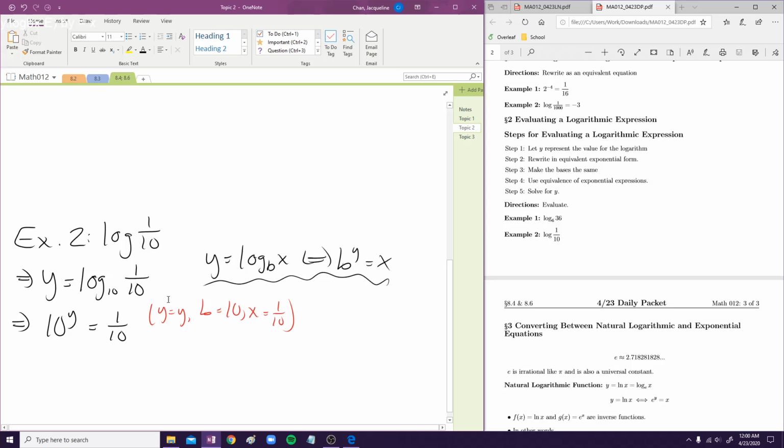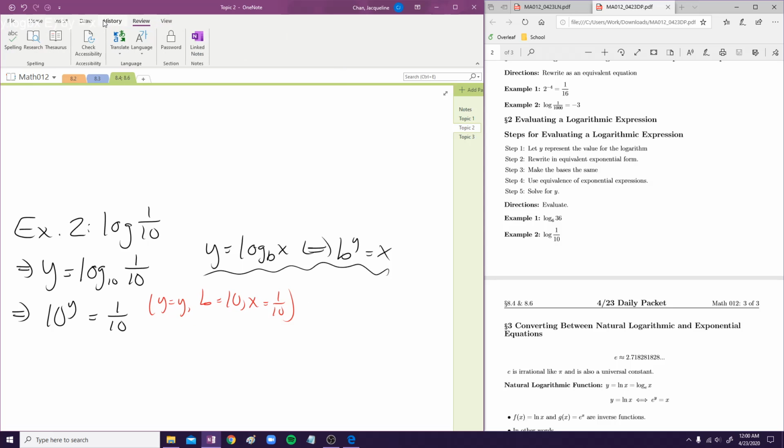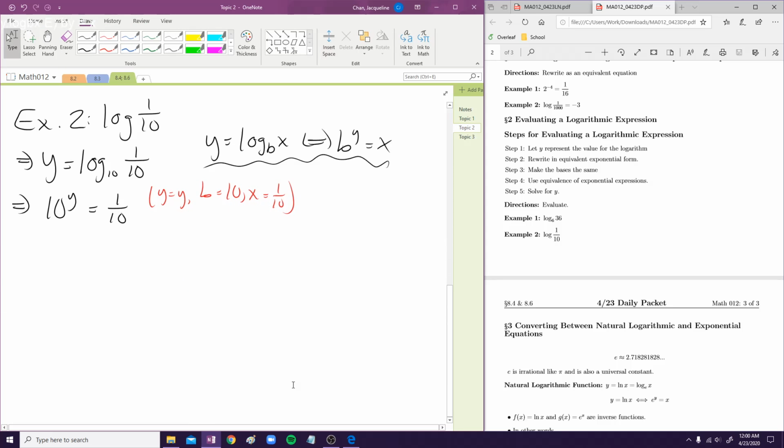As you can see, this is y, the b is 10, and x is 1/10. So this becomes 10 to the y is equal to 1/10.